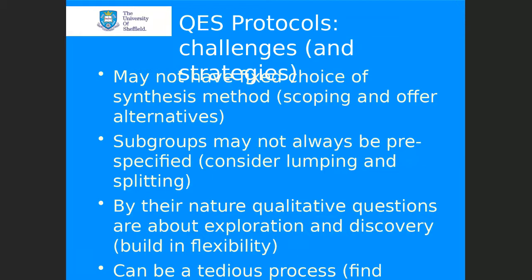And by their nature, qualitative questions are about exploration and discovery, and so we need to build in flexibility in our protocol from the start to allow that process of discovery as we go through the review.